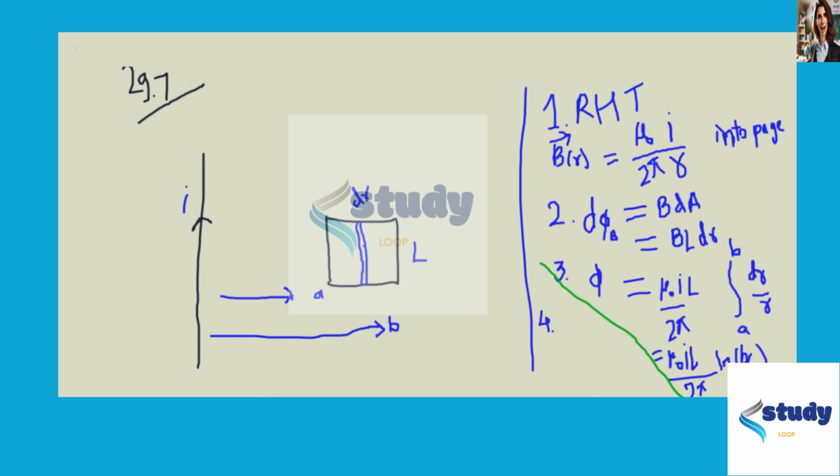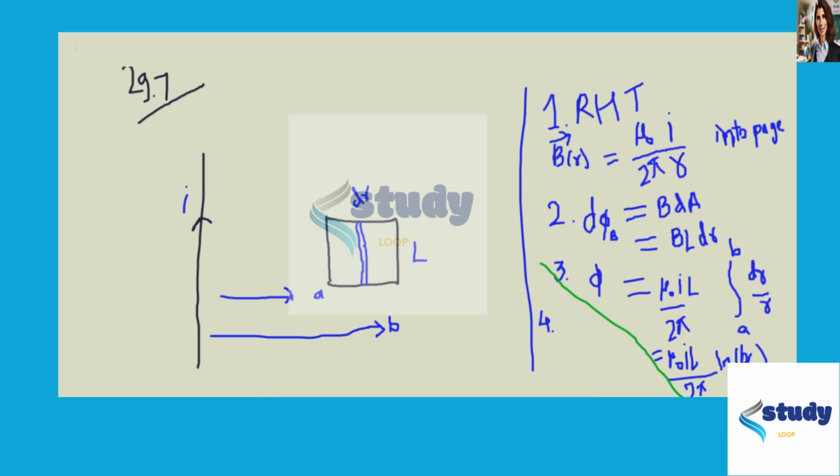There was the flux at this point, and if we want to find the flux of this stripe, we multiply it by the area of this stripe, and when we try to find the flux of this whole region, we basically went through the whole area, and that means we integrated from A to B. And now that we know the total flux is going into the page, everything goes into the page.